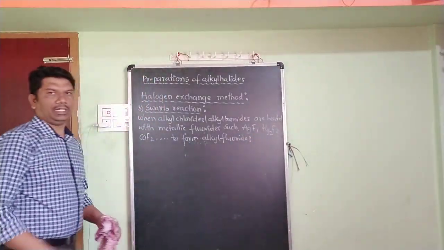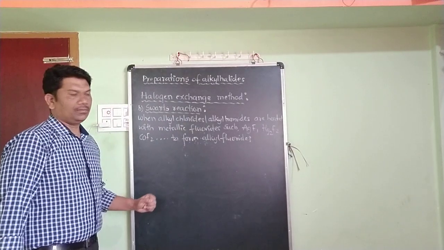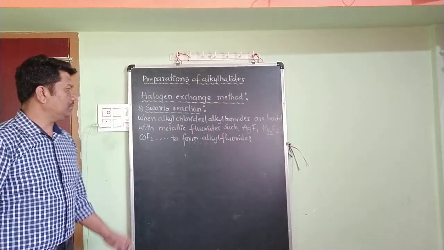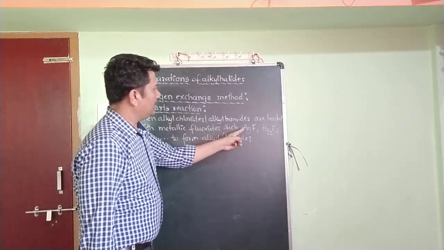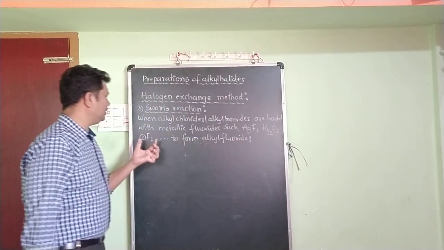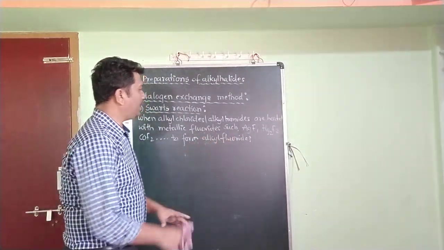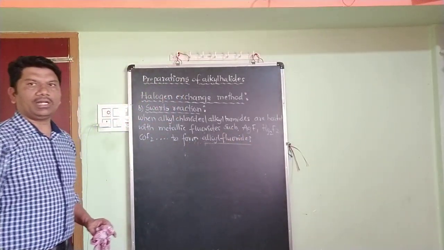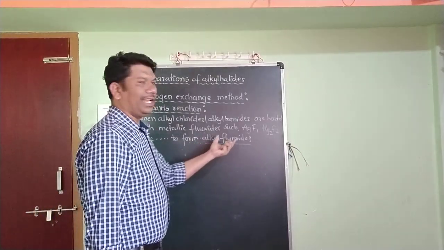This is the statement. I'll repeat the statement. When alkyl chlorides or alkyl bromides are heated with metallic fluorides, metallic fluorides means such as silver fluoride, mercuric fluoride, cobalt fluoride, like that, to form alkyl fluorides. In the case of the Finkelstein reaction, we get alkyl iodides, and in this reaction we get alkyl fluorides.